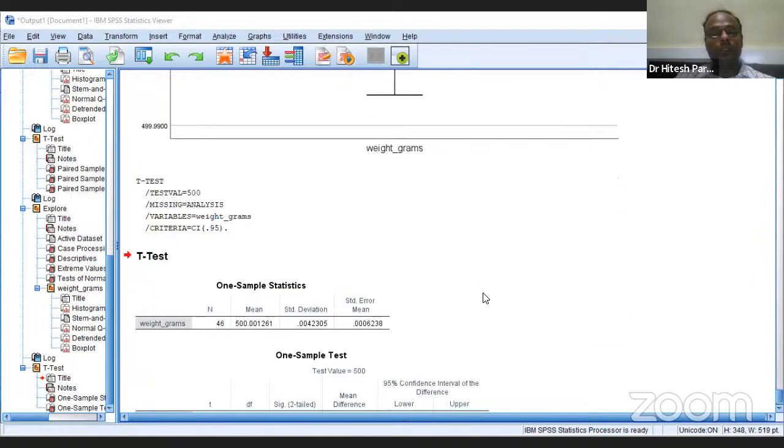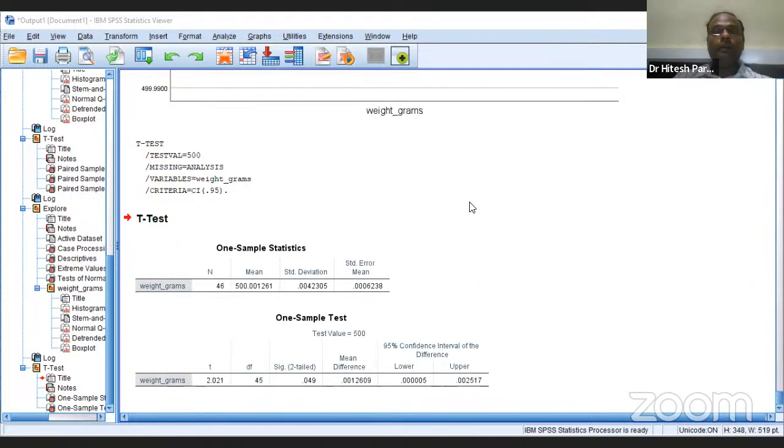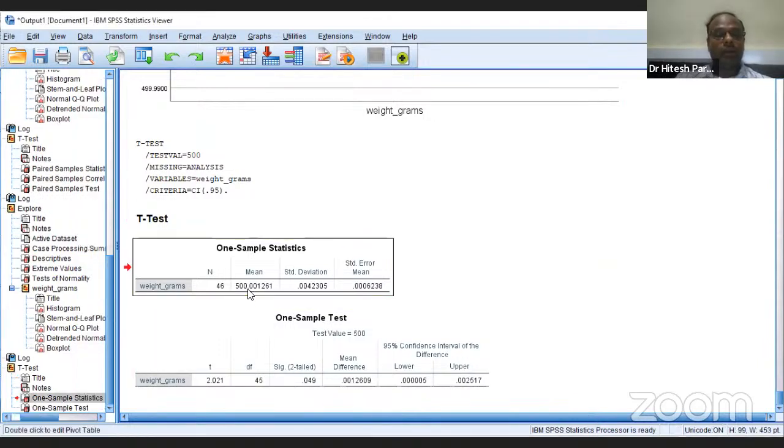Yeah. Now let us interpret the result of the one sample t-test. What mean do we get here? 500.001261. Now what is the null hypothesis that we are testing? The null hypothesis is there is no significant difference between the sample mean and the benchmarking mean.